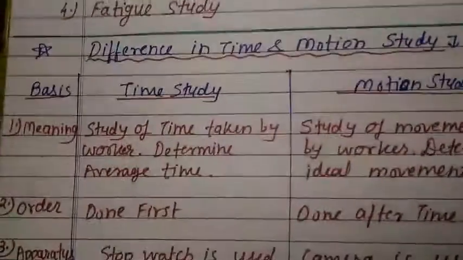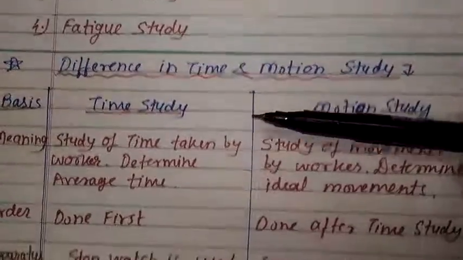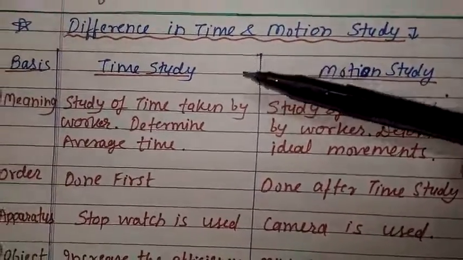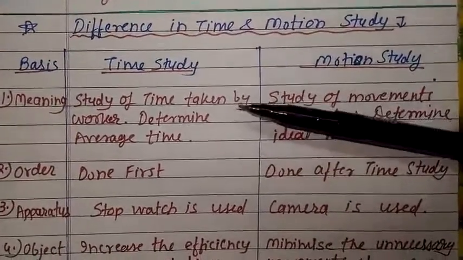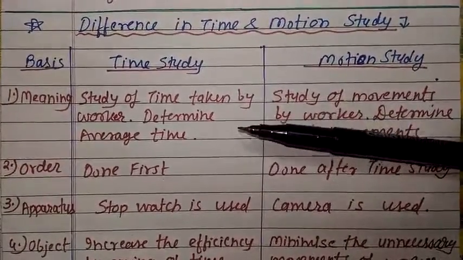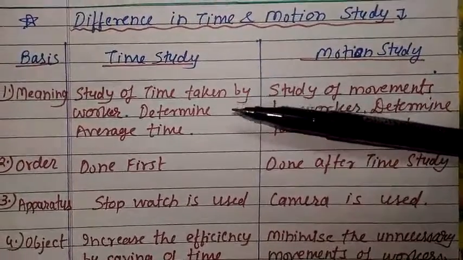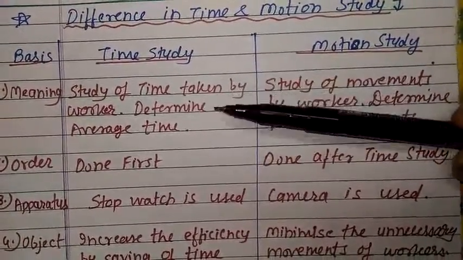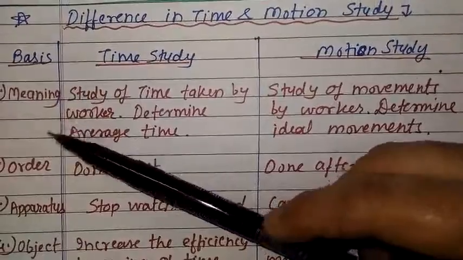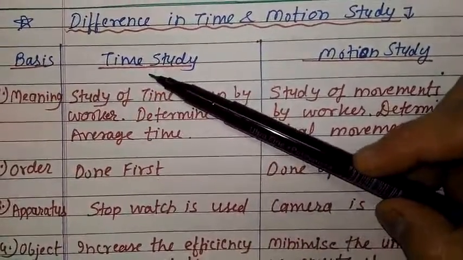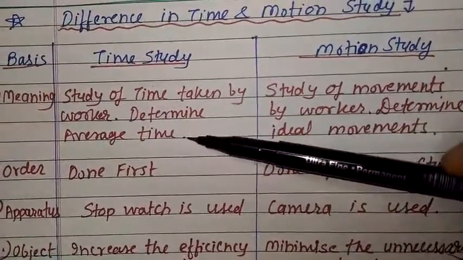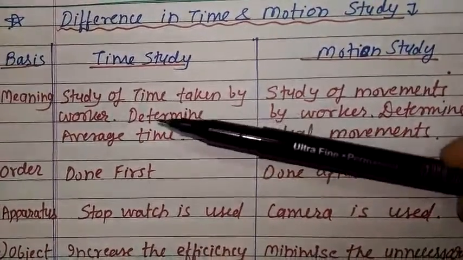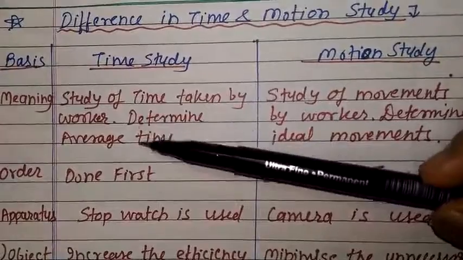Now I am going to explain the difference between time and motion study. Both studies are very important in managerial work, and the differences between them are, first of all, meaning. As you understand by the name, time study is the study of time taken by an average worker for performing any work.